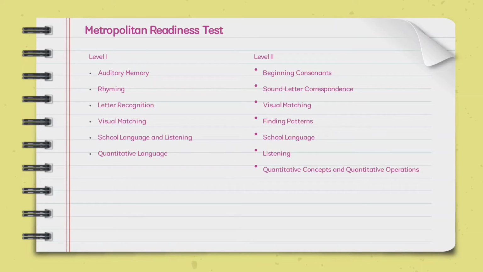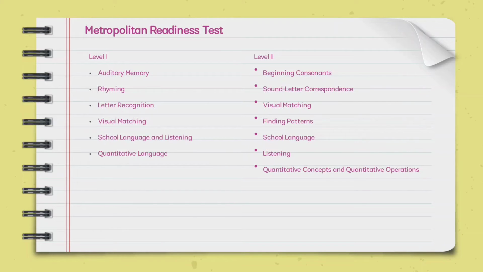Fifth is school language and listening. The examiner will read a sentence and the child selects the picture that describes what was read. The task involves some inference making and awareness of the relevancy of detail. And lastly, in level 1 is the quantitative language.